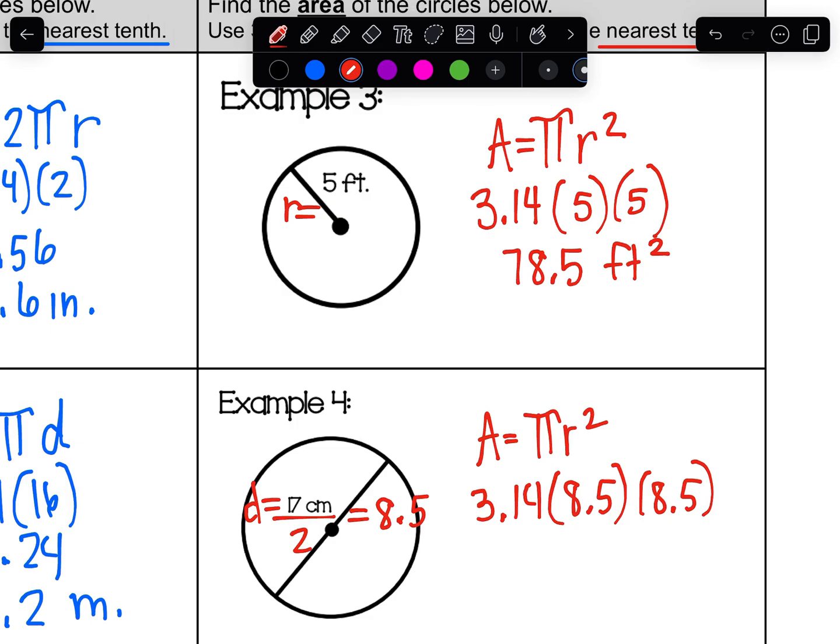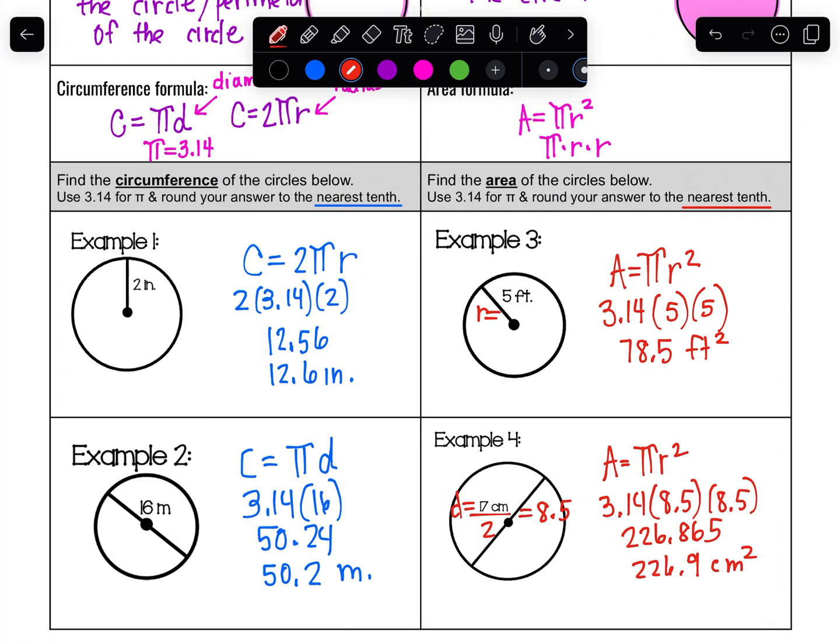I'm going to calculate that all with my calculator. I get 226.865, so I'm going to go to 226.9 centimeters squared. All right, that is the basics of circles.